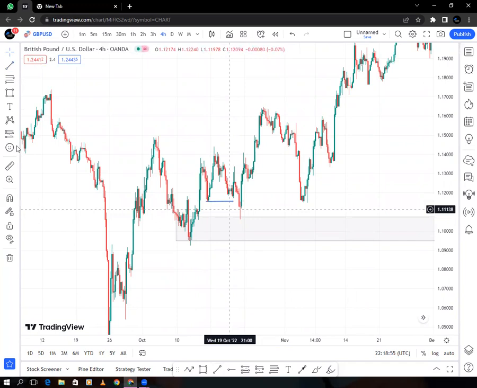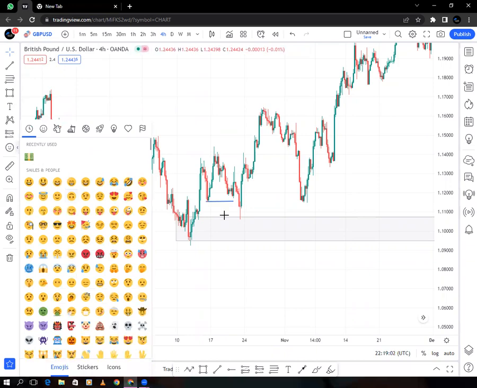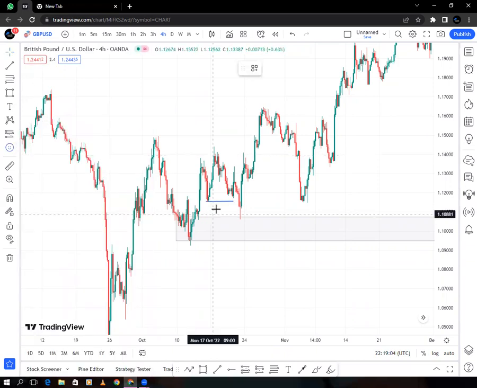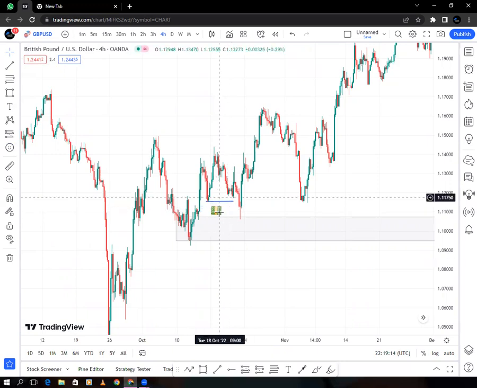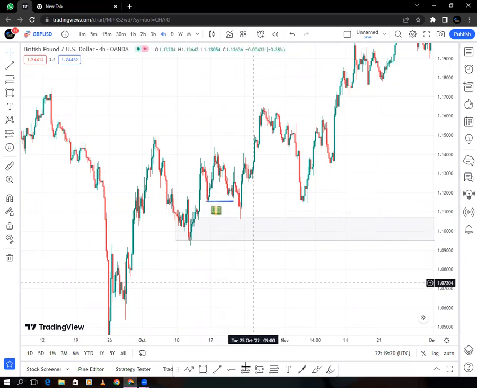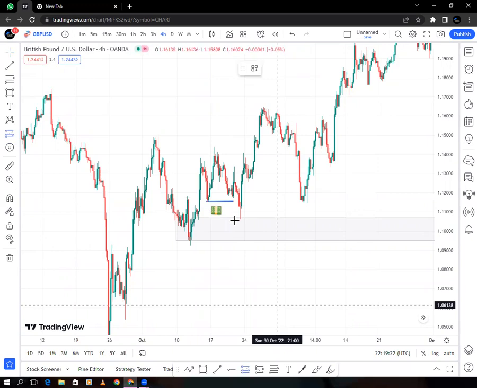Then after liquidity, we sweep the liquidity. I already told you this is our liquidity symbol for now. So we sweep liquidity in order for us to enter a trade here.